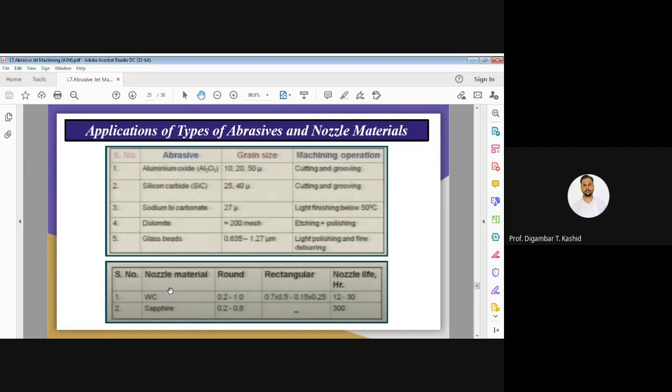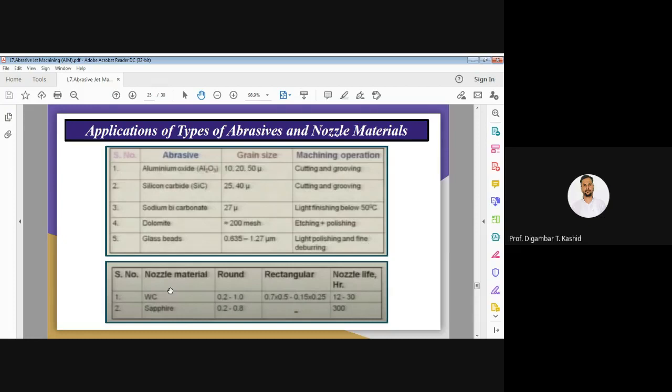In the case of sapphire it is 300 hours. But the actual nozzle life will depend upon how lightly you are performing the abrasive jet machining process, and that will also decide the actual life of your nozzle.